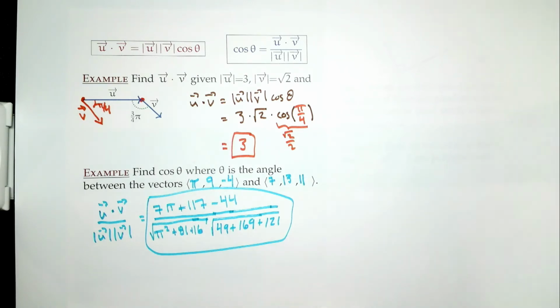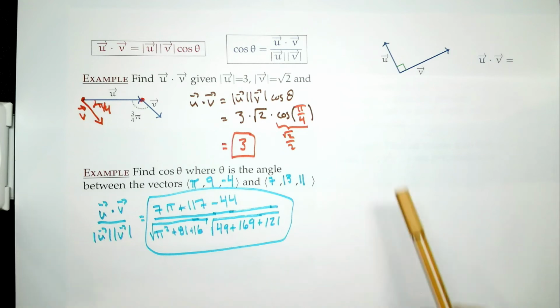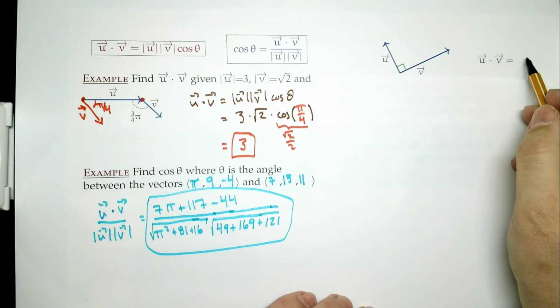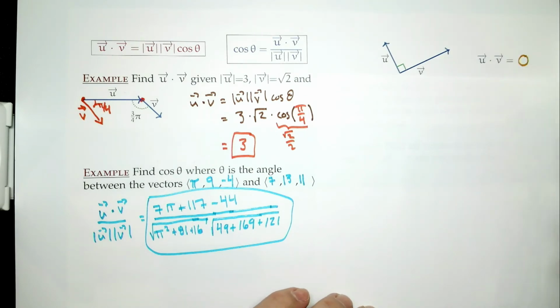But okay. Now, suppose I see these two vectors, u and v, and you'll notice that I put a little tiny square-looking thing here. What's true about u dot v? Zero. It'd be 0. Why is it 0? Cosine theta.